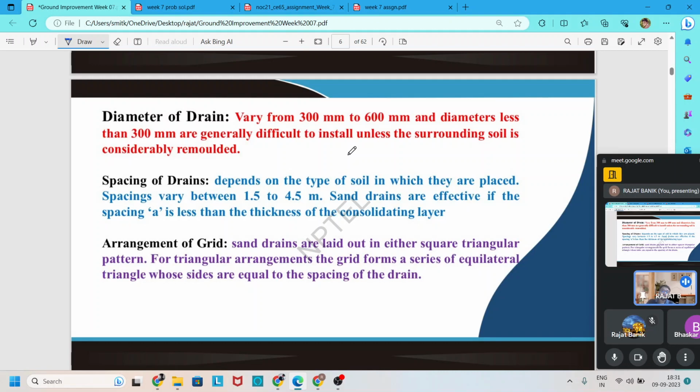The diameter of this vertical drain should be between 300 mm to 600 mm, and also the spacing of this vertical drain should be between 1.5 meter to 4.5 meter.